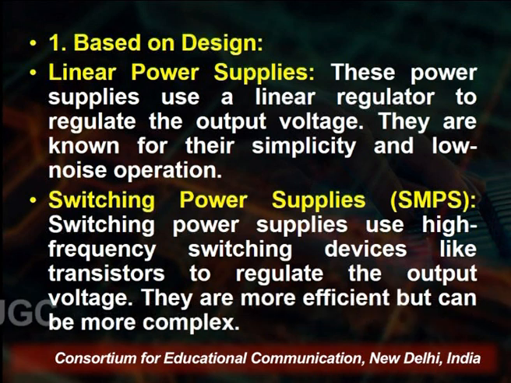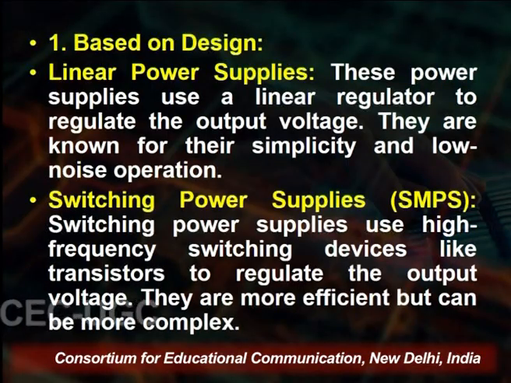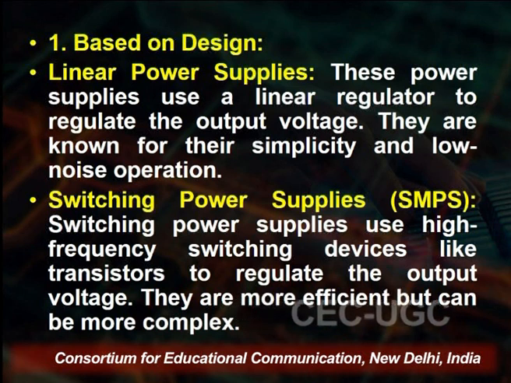Further we will discuss this in detail, but this type of linear power supply uses a linear regulator to regulate the output voltage. The second type is the switching power supply, that is SMPS. Switching power supplies use high frequency switching devices like transistors to regulate the output voltage.